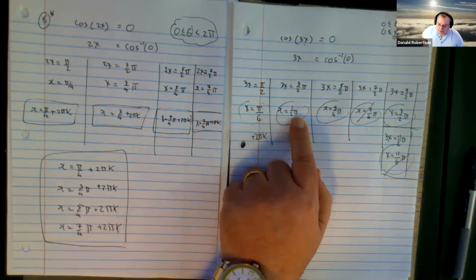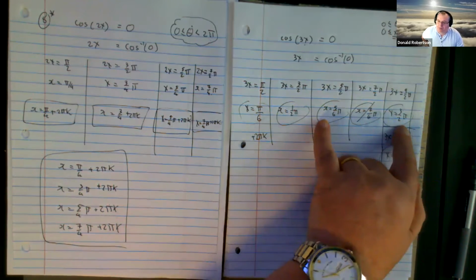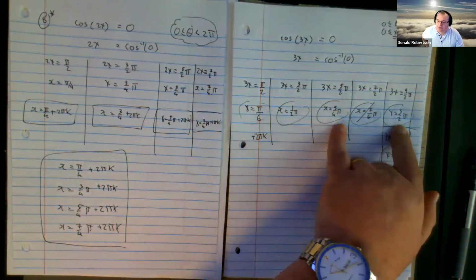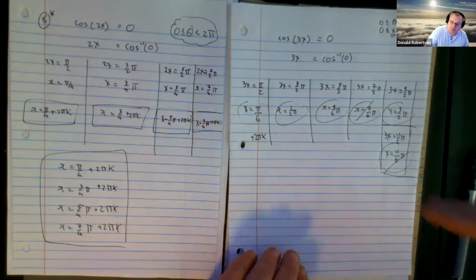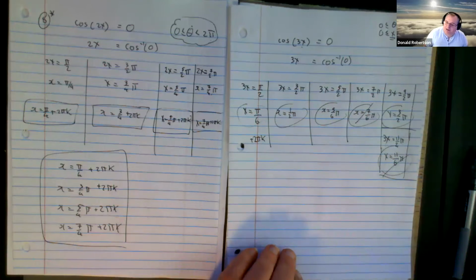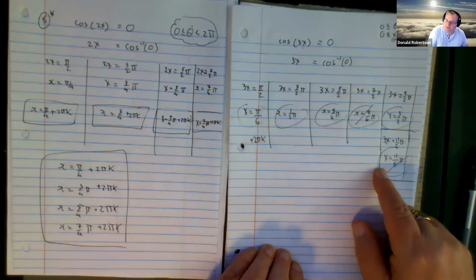If you add 2 pi to that guy, you get 5 halves pi. It's none of these answers. Are you saying you'd get a multiple of one of the earlier ones? Which is what I thought. Yeah, you would eventually get multiples of each if you kept on adding it. But each one of these is kind of unique to themselves.